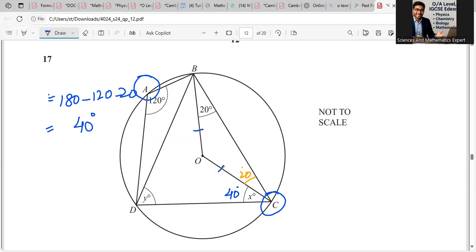After that, he is asking me to calculate y. And for y, I can simply say that angle BOC, by taking the triangle BOC, is 180 minus 20 minus 20, which is 180 minus 40, equal to 140.